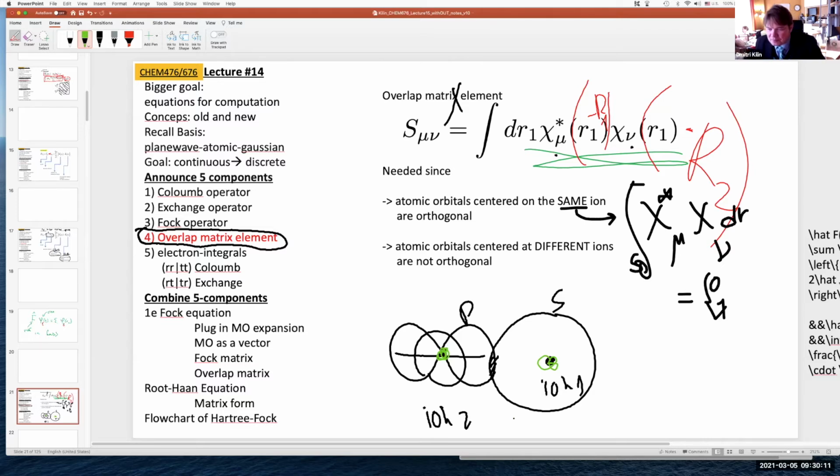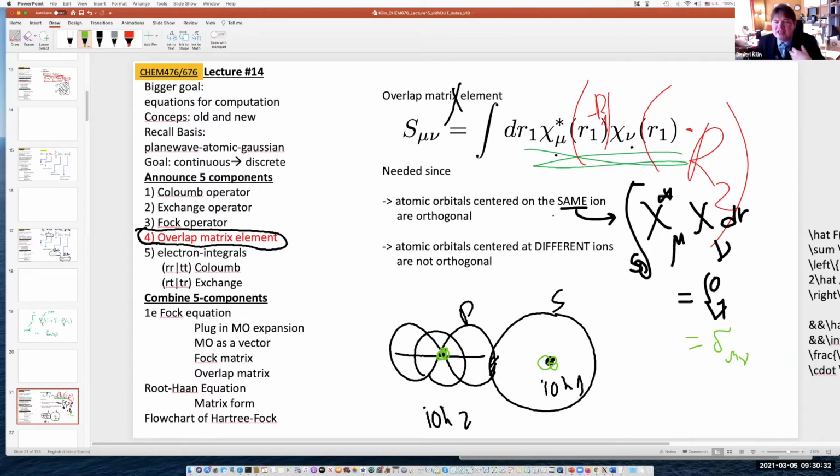So if it is the same ion, then it will be the delta function, delta mu nu, which is either 0 or 1. But if it is different ions, we need a special symbol just to speak about it.